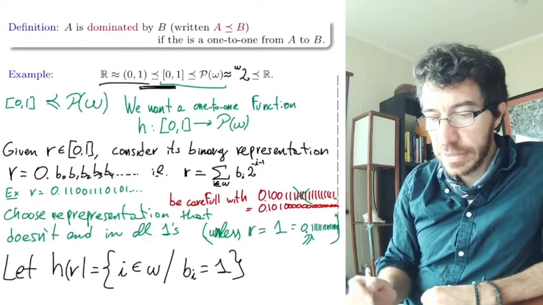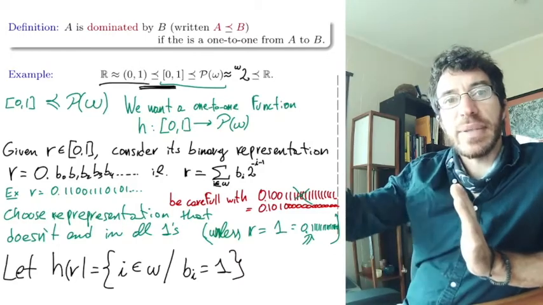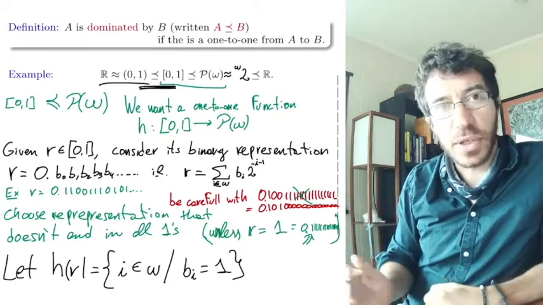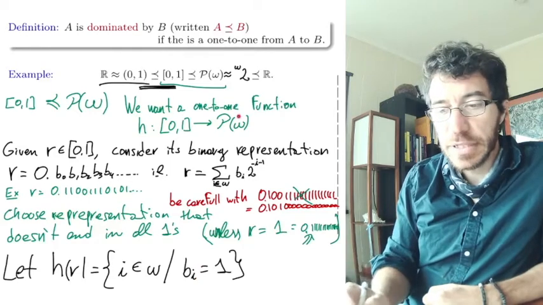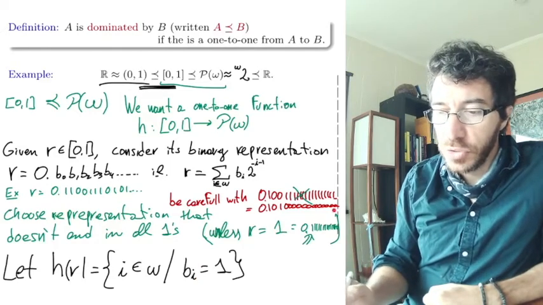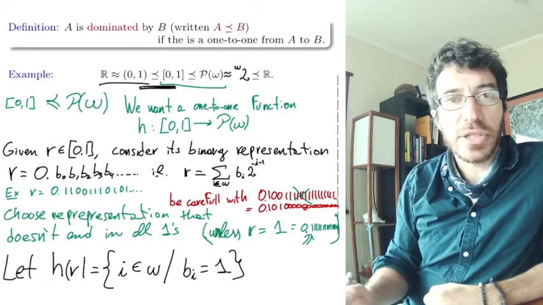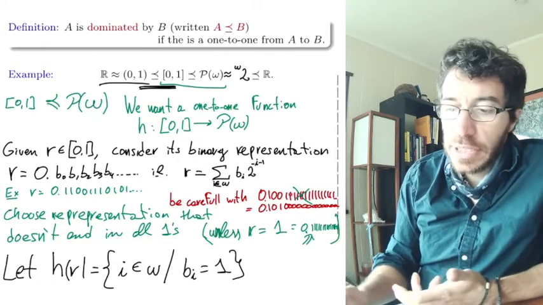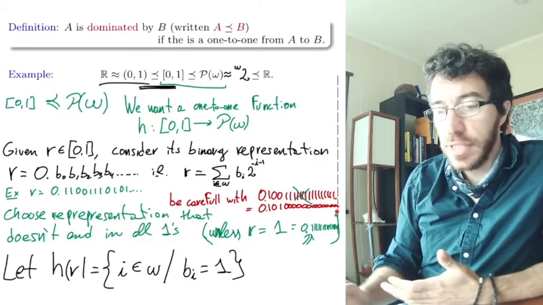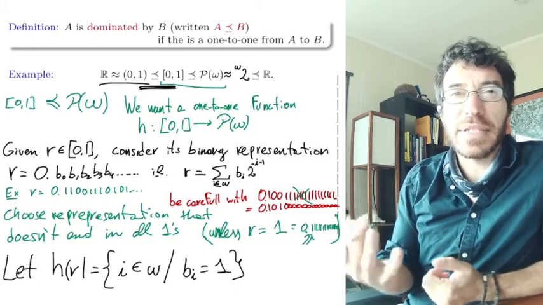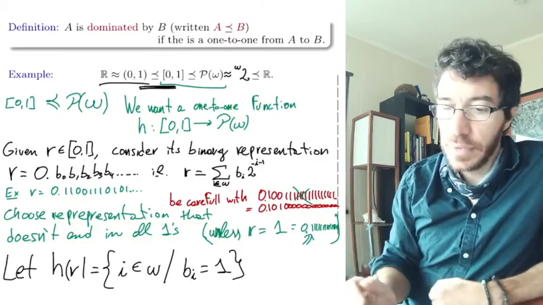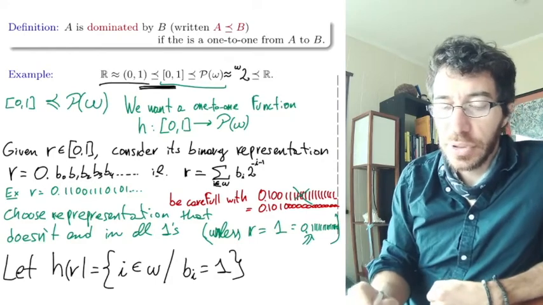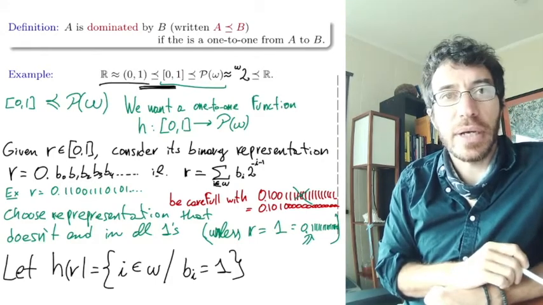We are leaving out the subsets that have all the elements in, so having all the elements 1. Those are not in the image of this map because we chose to use this representation and not that representation. If we had chosen the other one, we would have left out these ones. So one way or the other, we're leaving something out. So this map is not onto, but it is a one-to-one map.